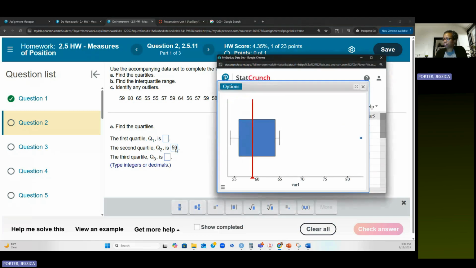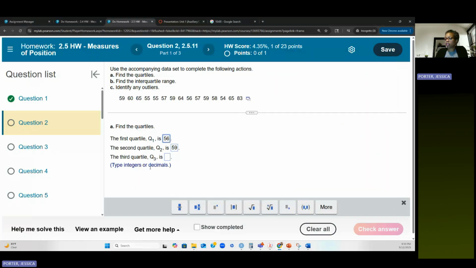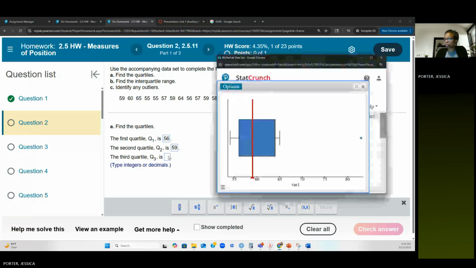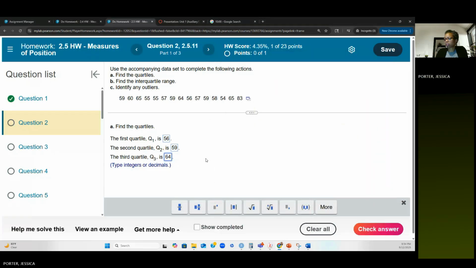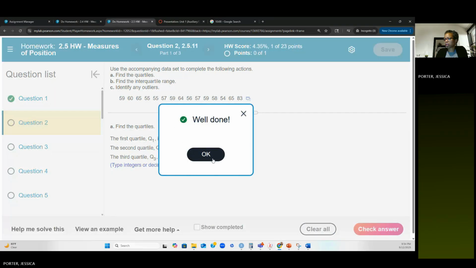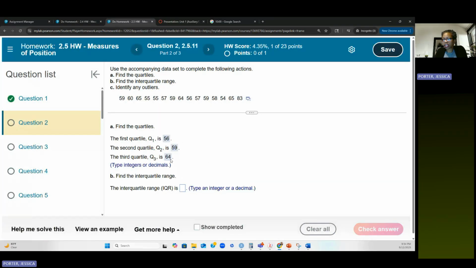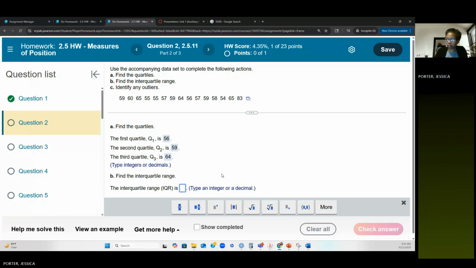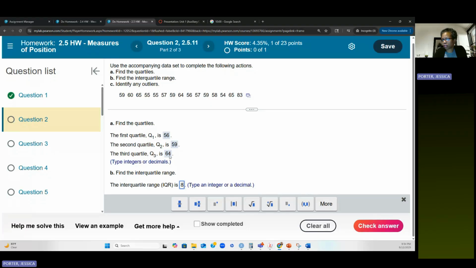The first quartile is 56. The third quartile is 64. Find the interquartile range. That's 64 minus 56, which is 8. Q3 minus Q1. Thank you, Avery.